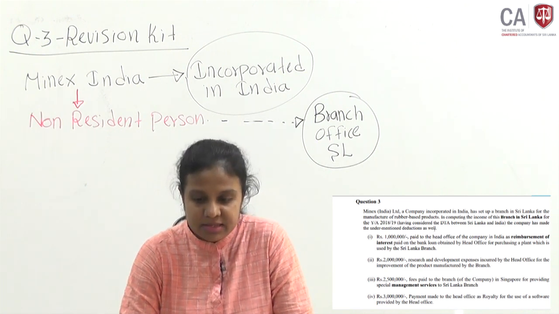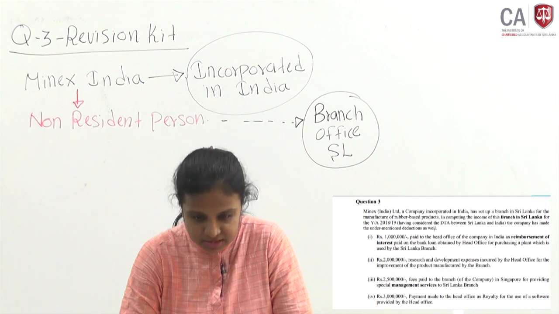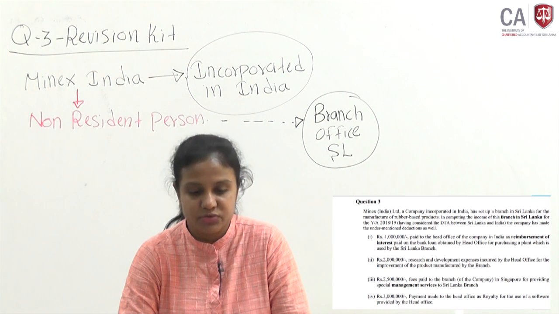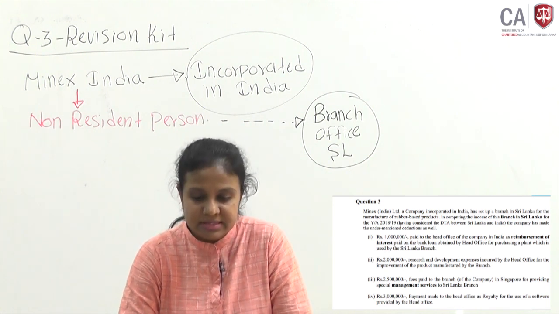In computing the income of the branch in Sri Lanka for the year of assessment 18-19, we will take it to 2021, having considered the DTA between Sri Lanka and India.